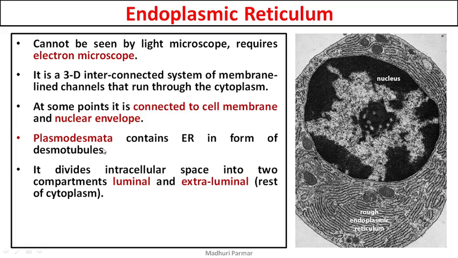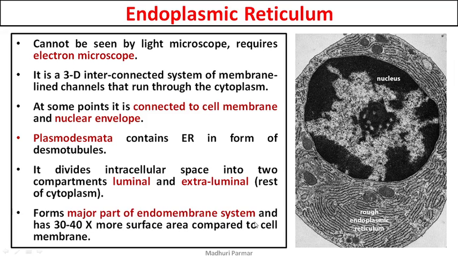So it divides the intracellular space, which is the space inside the cell, into two parts. Luminal is whatever the lumen, lumen means cavity. So endoplasmic reticulum has such cavities, the canals. So that part is called luminal space, and whatever is there outside is called extraluminal, the rest of the cytoplasm.